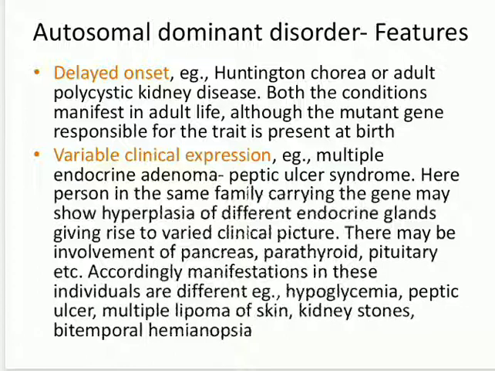In this disorder, the members are of the same family, but one of them will be having hypoglycemia, one will be having multiple lipoma of skin, one will be having peptic ulcer, one will be having kidney stone, and one will be having bitemporal hemianopsia. Okay, and they'll be having problem with pancreas, one with parathyroid, one with pituitary.